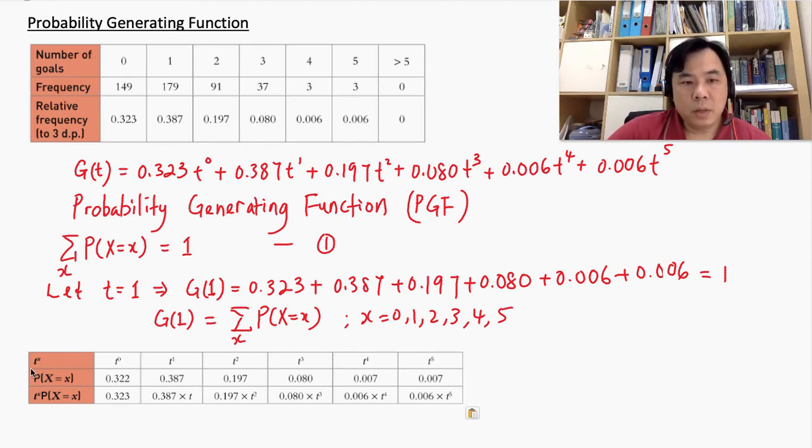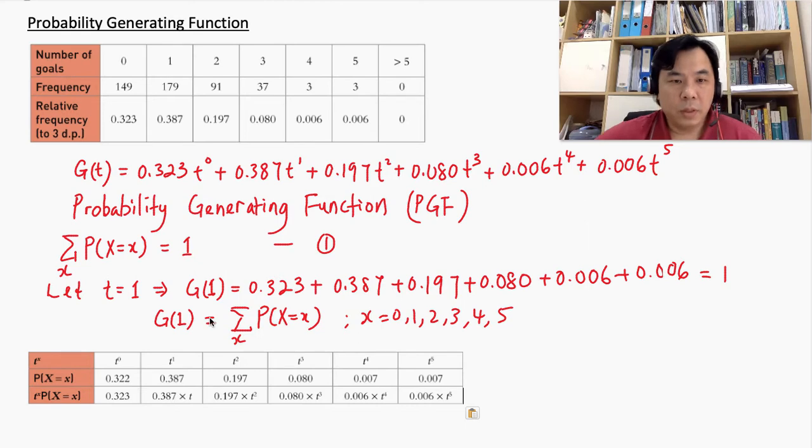Right? So you can see that t^x ranges from t^0 until t^5, exactly the same as all these variables here, and then their respective probability given as relative frequency here. Okay. And then in order to generate the probability generating function, we can get the sum of the products between the t^x and its individual probability here.